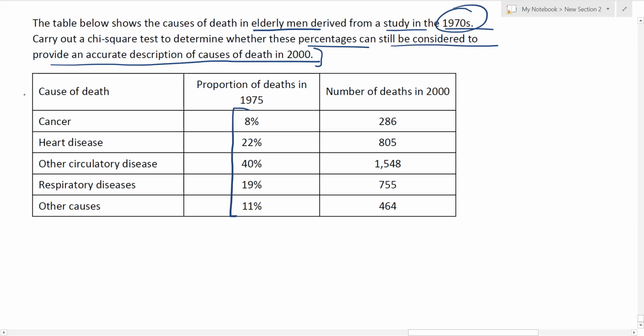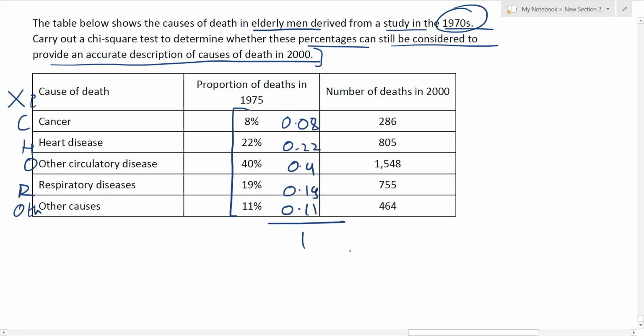These are your values for xi: cancer, heart disease, other circulatory diseases, respiratory diseases, and other causes, with their respective probabilities. This is a complete probability distribution. If you add all of these, you will get 1.